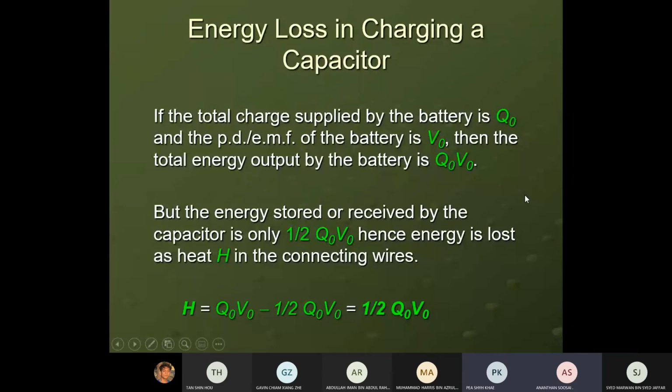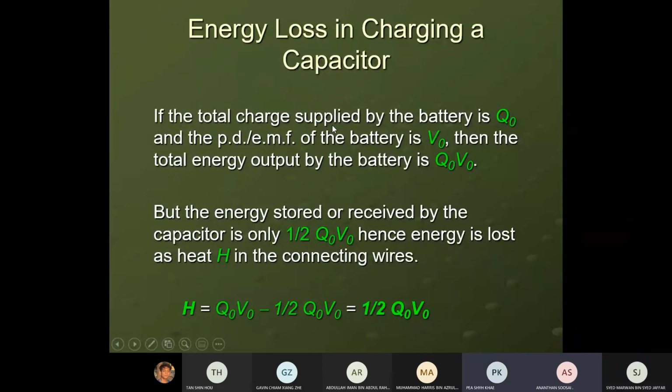Okay, so that's about energy stored. But now, when a capacitor is charging, some energy is lost. As I told you, how much energy is lost? Exactly half QV is lost. So the energy loss is exactly half QE.